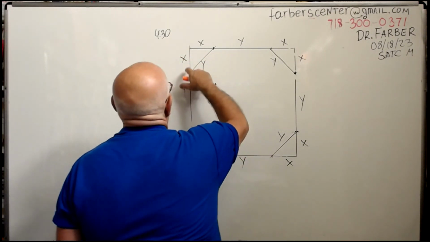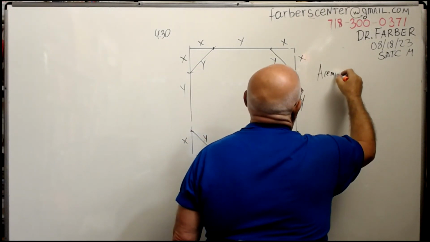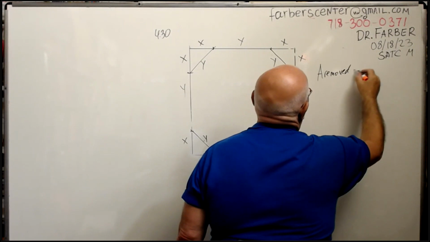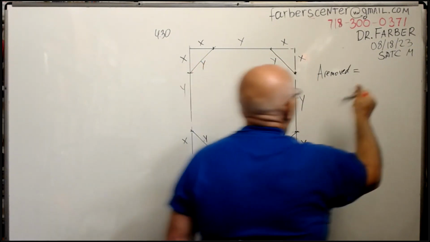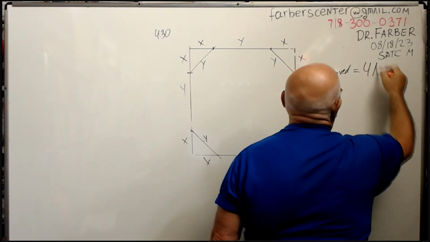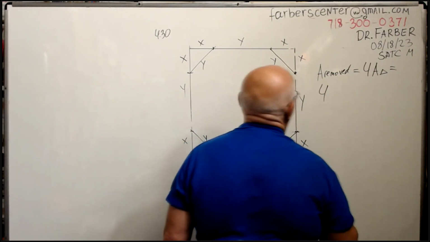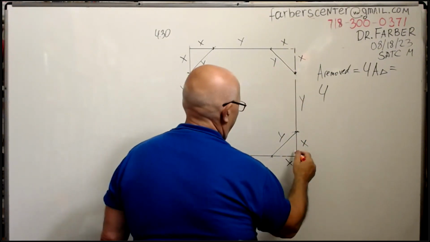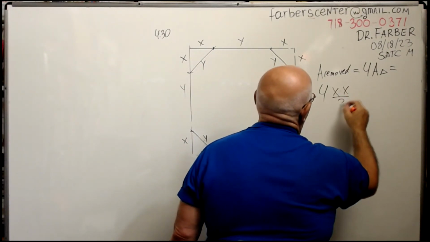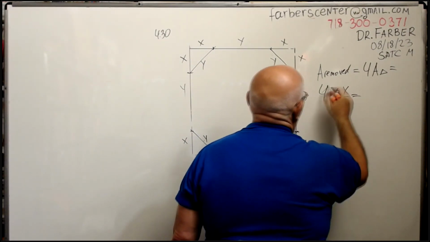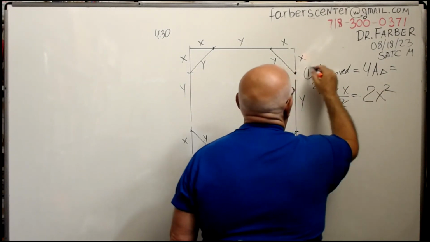The area of removed material equals the area of 4 triangles. Each triangle is right-angled with legs x and x, divided by 2, simplified, and it would be 2x squared. This is step number 1.